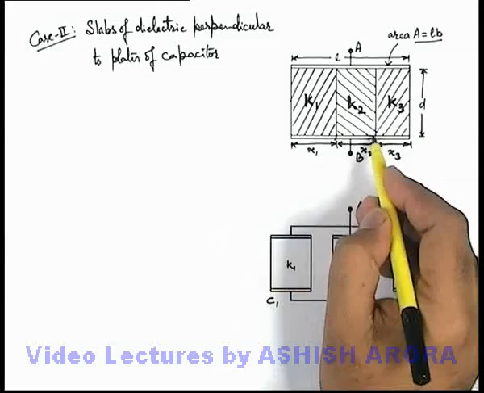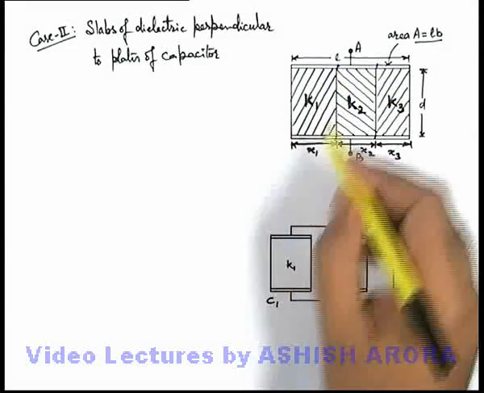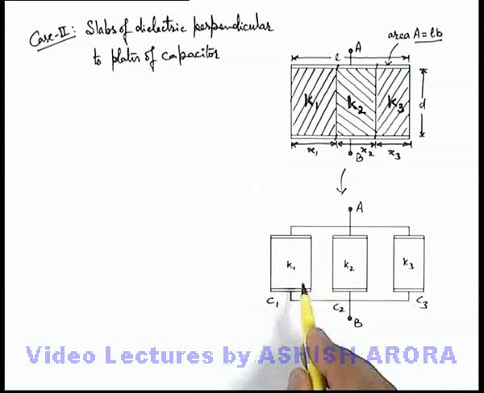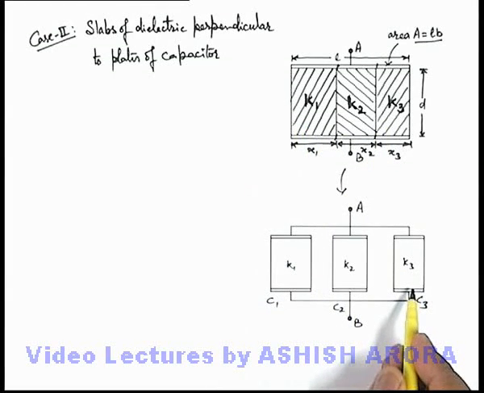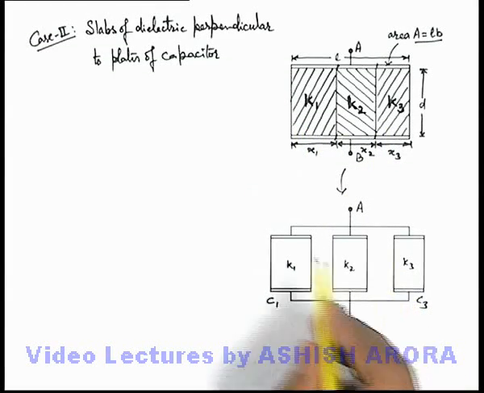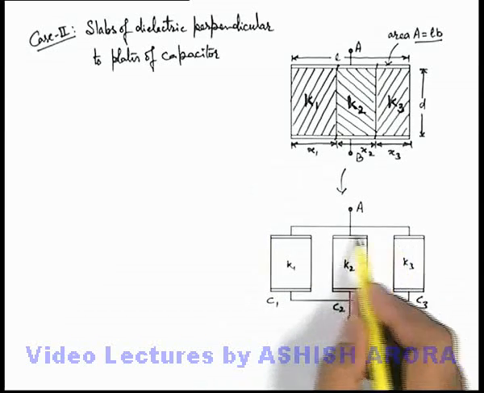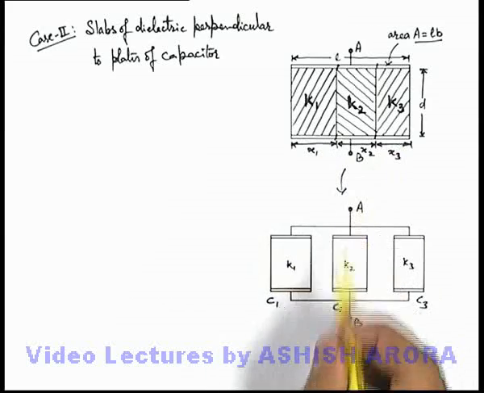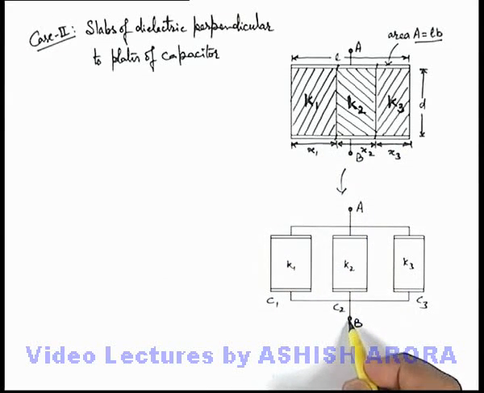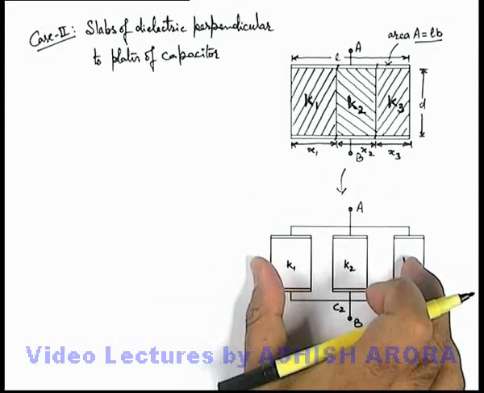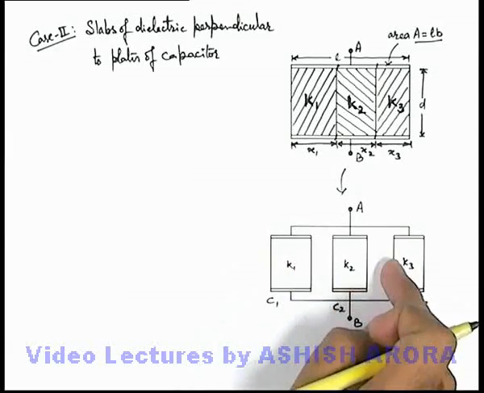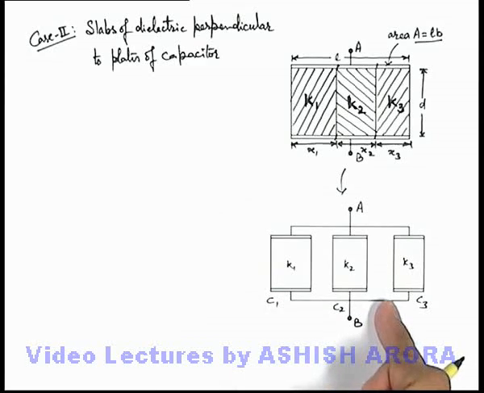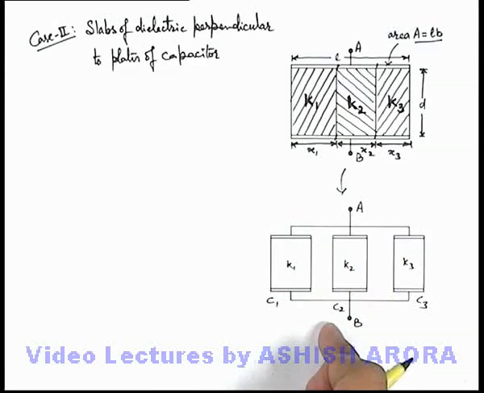So here if we split the three dielectric slabs, then we can consider it as a system of three capacitors C1, C2, C3 in parallel combination, because one plate of each of the three capacitors is connected with the terminal A and the other plates of the three capacitors are connected with the terminal B. Now even if we join all these side by side, it will be in a situation like this, and the potential difference of all three capacitors will remain the same.